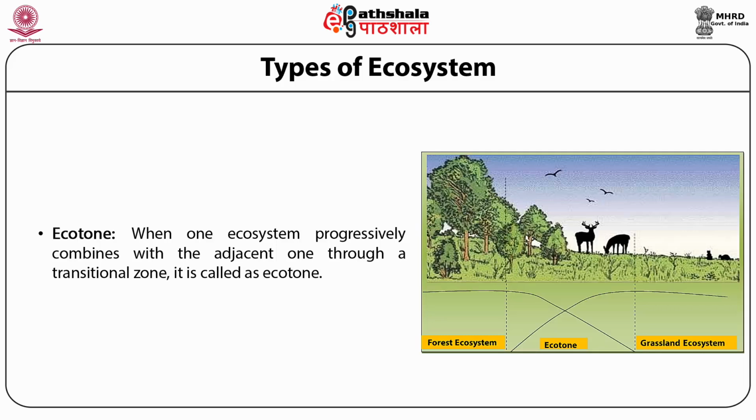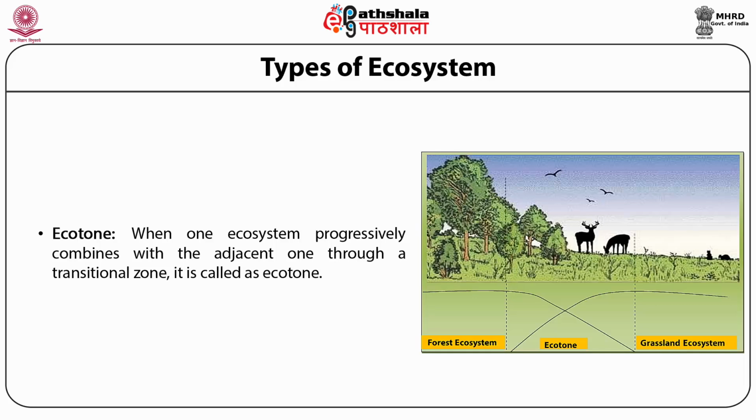Edge effect can be observed in the coastal zone where the land and the ocean meet. Due to the flow of tides, the coastal zone does not follow fixed boundaries in the seaward and landward directions.